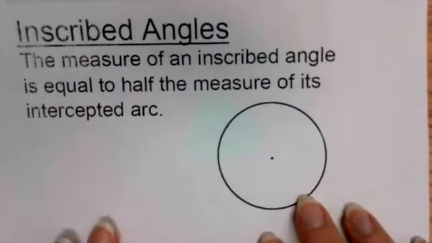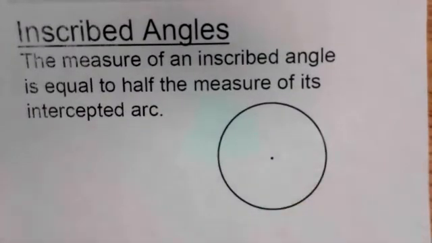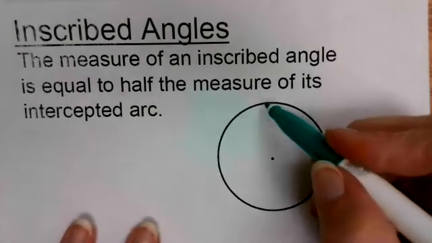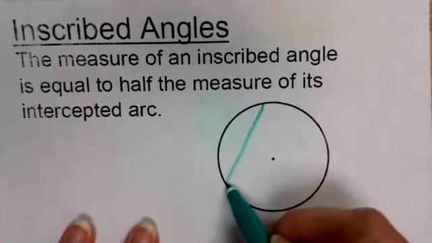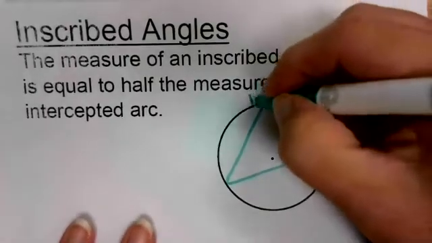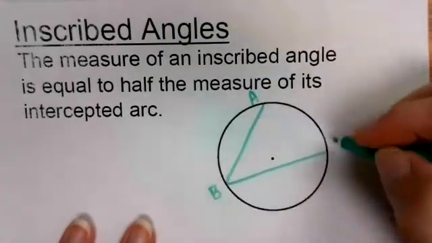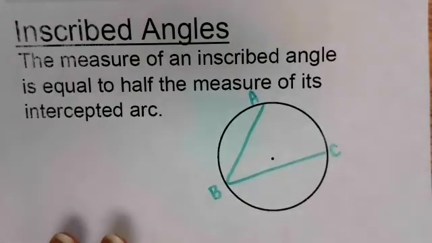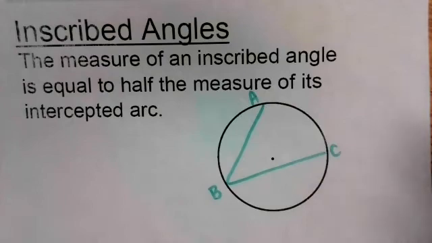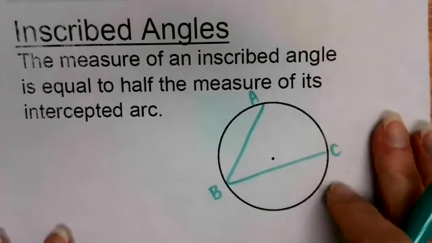So here is my formula, my definition of an inscribed angle. And I'm going to draw a picture with my circle. Circles are hard to draw, so when you're taking notes, you can print off the notes that I have blank and then fill things in. Or if you have something round that you can trace, your circle doesn't have to be perfectly round, it'll be okay.